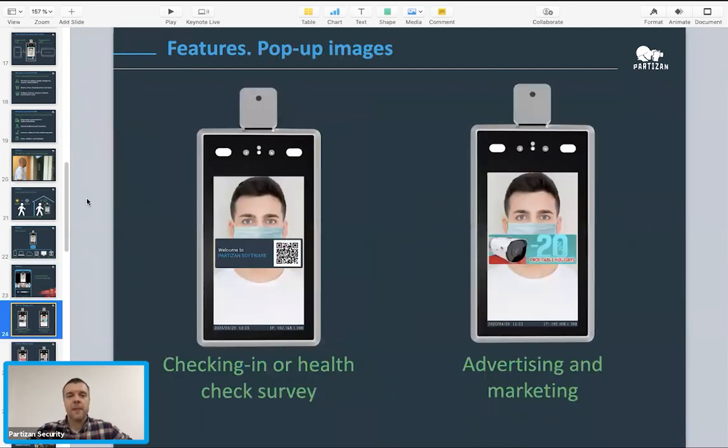Another feature, which is really a game changer for your customers, is the pop-up image. For all of the customers, it is useful because, first of all, you can make a check-in or health check survey for your customers. For example, one of our Canadian customers is using a QR code to bring customers to the survey.